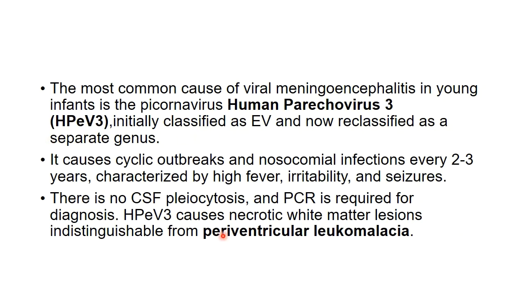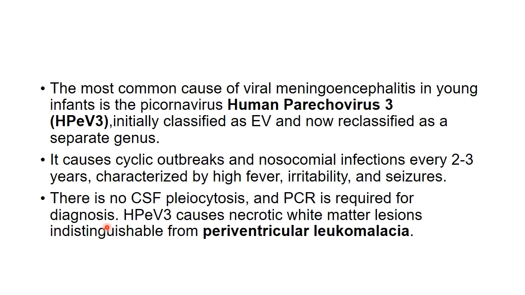Now, the most common cause of viral meningoencephalitis in the young is the parechovirus, a new virus, that is the human parechovirus 3. Initially classified as an enterovirus, it is now reclassified as a separate genus. It causes characteristic cyclic outbreaks and nosocomial infections every 2 to 3 years with high fever, irritability, and seizures.